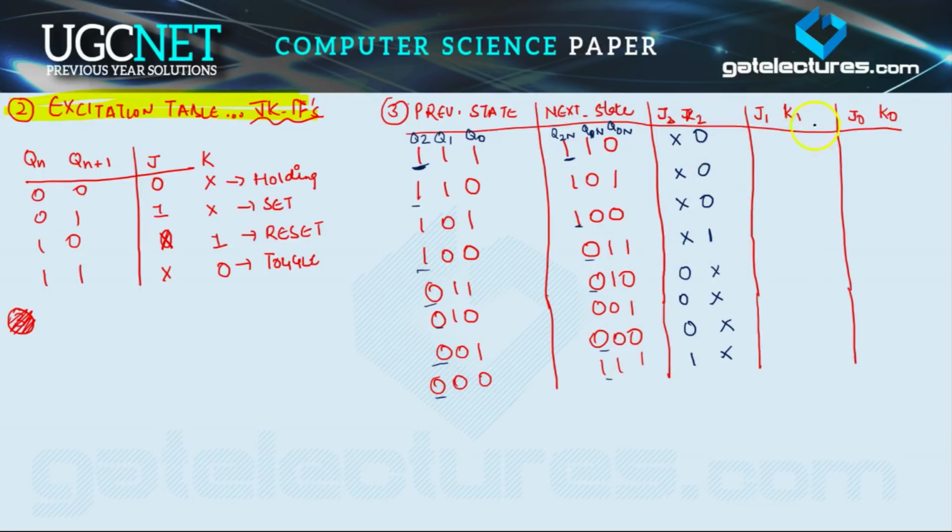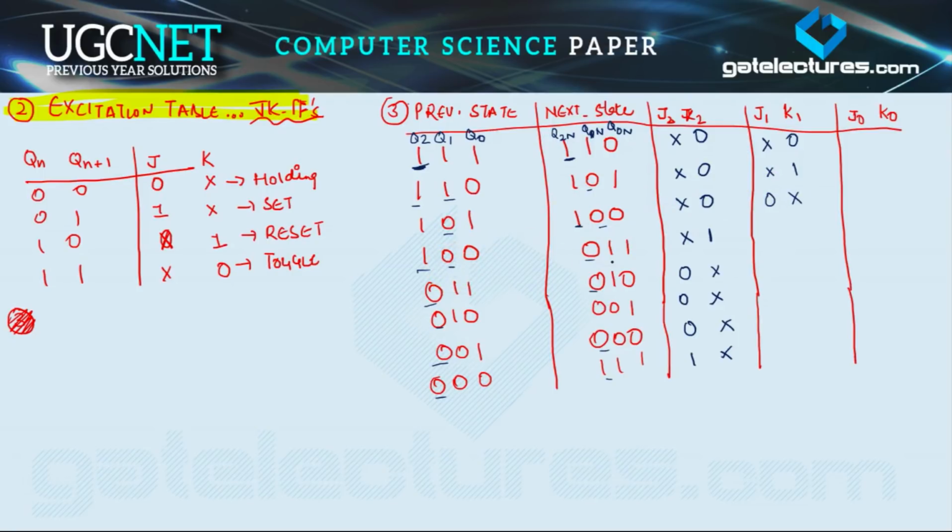Now we are working on J1 and K1. For that we need Q1 and Q1n. Now in the same way you can fill all the values. So 1 1 means toggle, so this is don't care 0. Now 1 0 is reset, so don't care 1. Now 0 0 means holding, so this is 0, don't care.